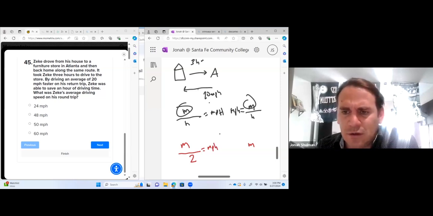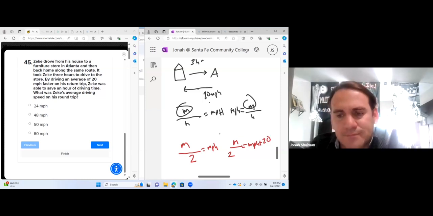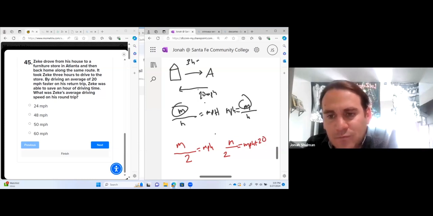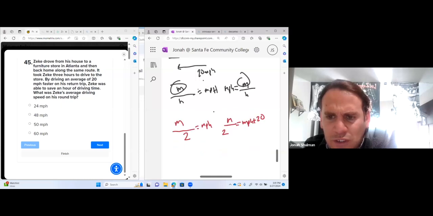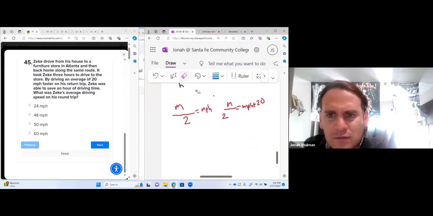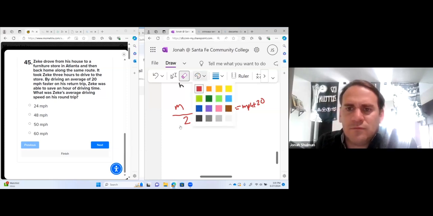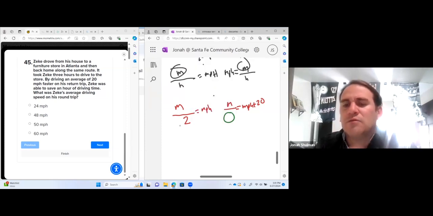Now this one, our MPH, we still have the same mileage. That's still M, but now it's going to be 2, but this is going to be plus 20, right? By driving an average of 20 miles per hour faster. So right now you might be confused. We have 2 unknowns, right? We've got miles here, and this is the answer we want to get, which is totally fine.